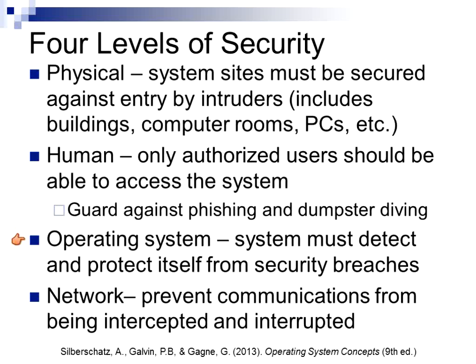The next level of protection or security is operating system security. That's where the system must detect security breaches and also protect itself from security breaches. So in some cases, and we talked about some of this really early on, a process might be in a loop, and depending on what's in that loop, it could be hogging the whole CPU so that no one else can get access to that CPU.